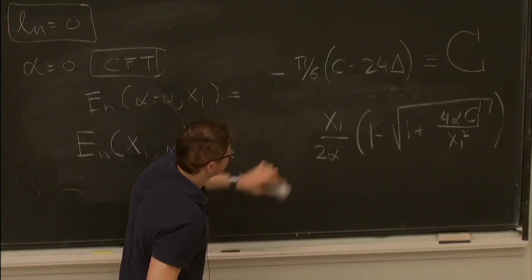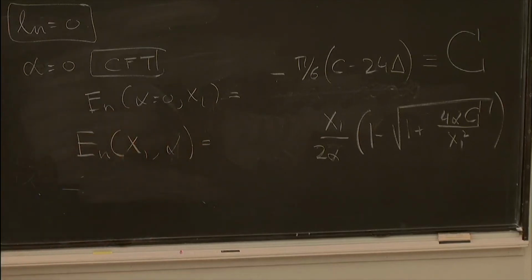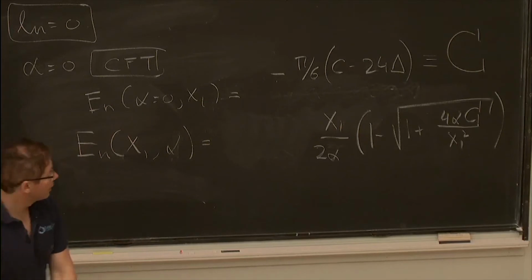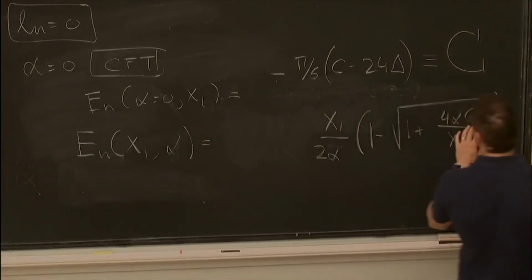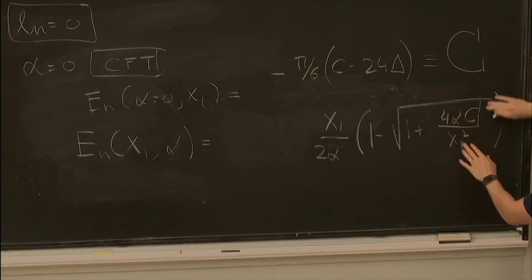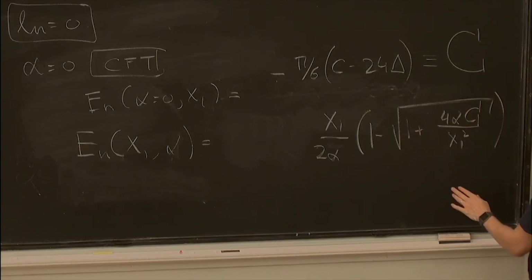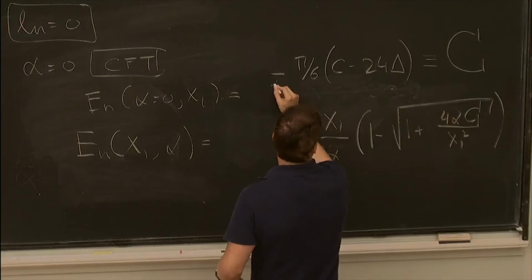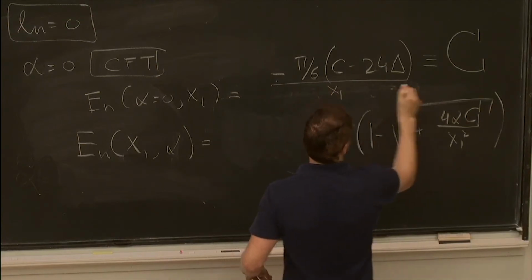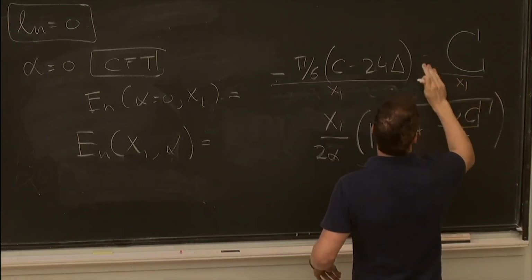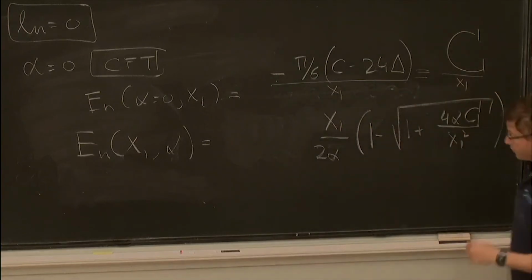It won't be important. As you say, you can just remove it by a counterterm. So this is the answer, and C is this object. In the first equation, you probably forgot to divide by x1. Right, thank you.